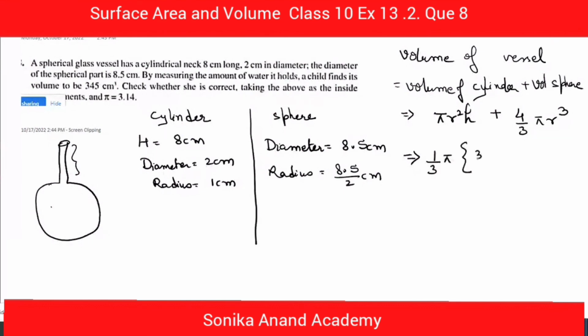So it becomes 3 r square h plus 4 r cube. 1 upon 3 pi. 3 r square, that is 1 into 1. Height is 8 plus 4. Radius is 8.5 by 2, 3 times. Now calculate.